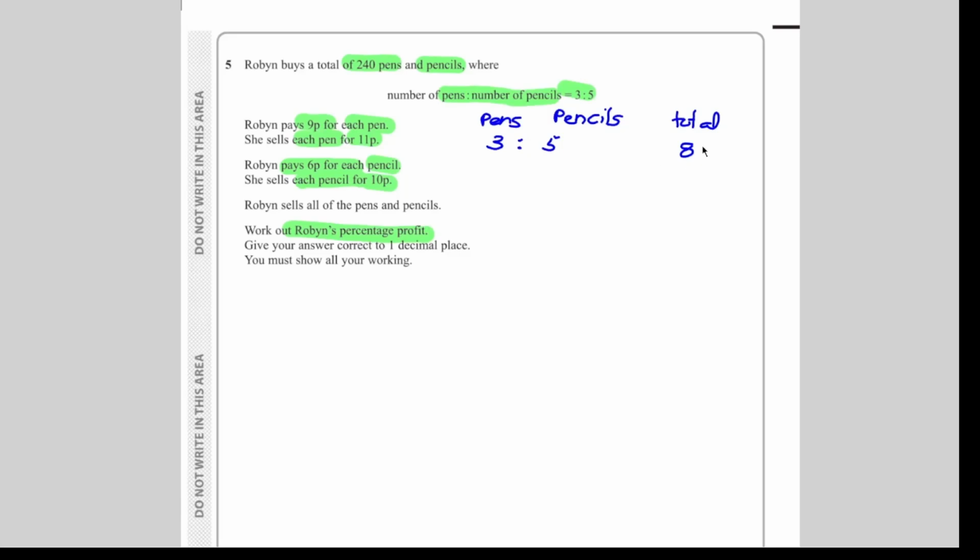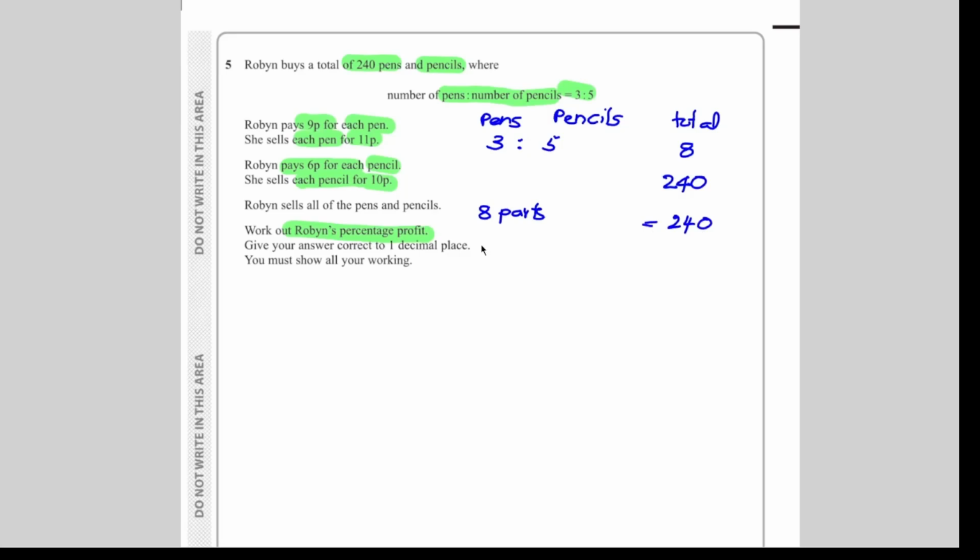The 8 ratio parts are represented by 240 pens and pencils altogether.